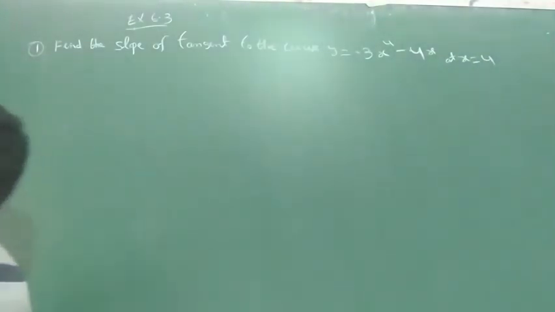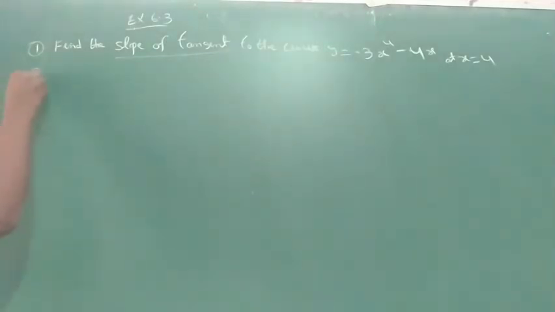Good. What is the slope of the tangent? The slope of the tangent is dy by dx, the derivative with respect to x of the given curve.